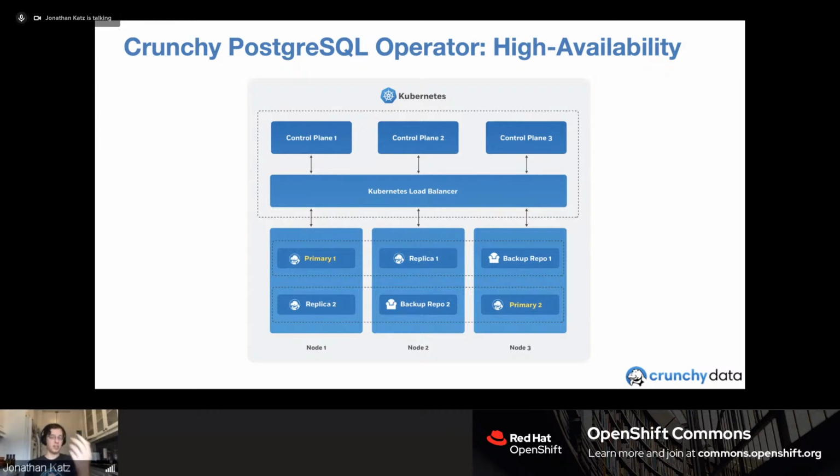So let's say my primary goes down, and let's say it's down for several minutes. The replica is promoted. We want to bring the old primary back into the fold. It's going to be a replica, but we need to be able to catch it up to where the primary is, so it can rejoin as a healthy streaming replica.